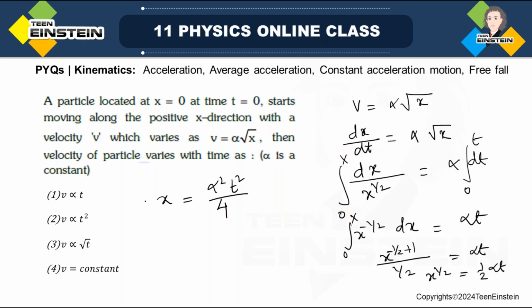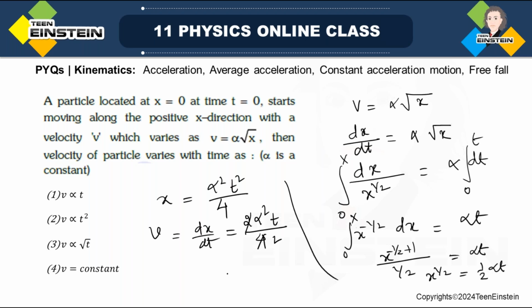So if the displacement is varying like this with time, then what will be the velocity? Variation of velocity with respect to time, that is dx/dt. You get here 2 alpha square t divided by 4.